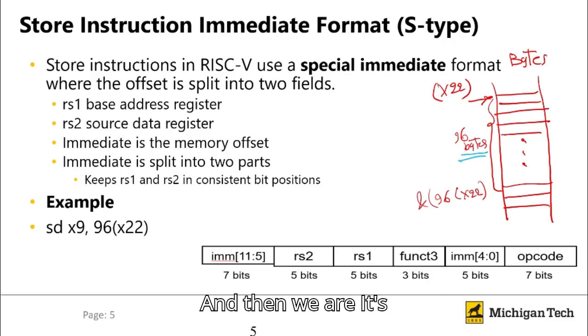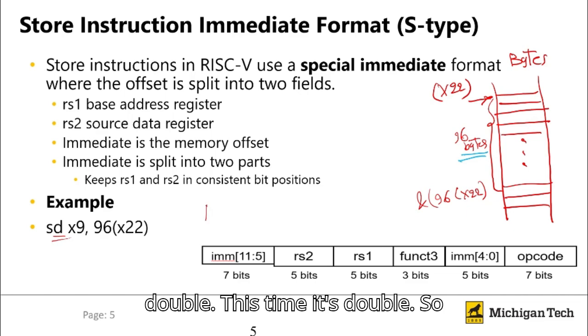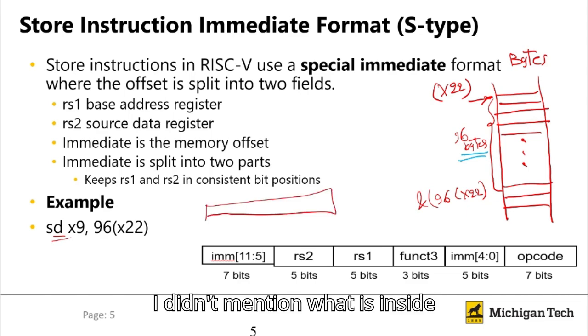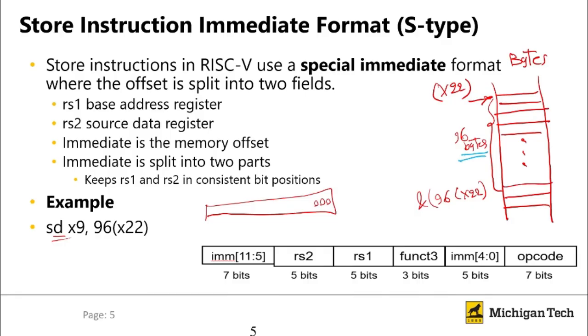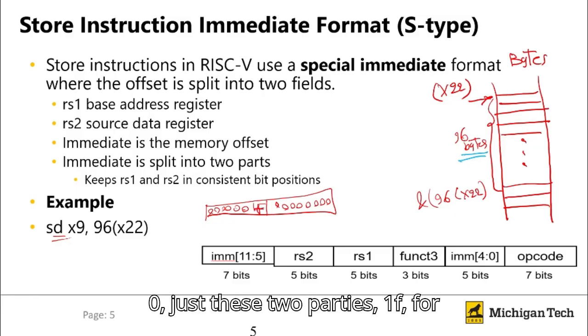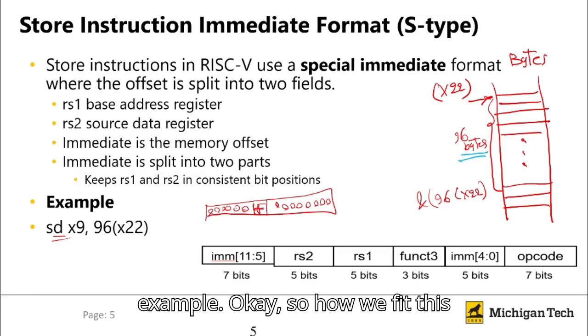And then we are storing x9, but it's a double this time. I didn't mention what is inside x9, but imagine in x9 we have this number: 0, 0, 0, 0, 0, 0, F1, 0, 0, 0, the rest 0. All 0, just these two parts are 1F, for example.